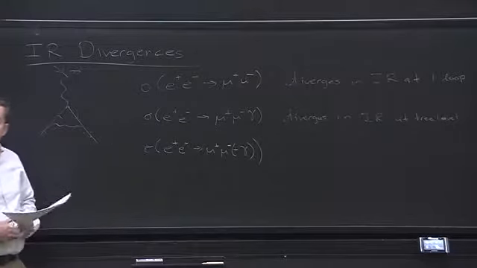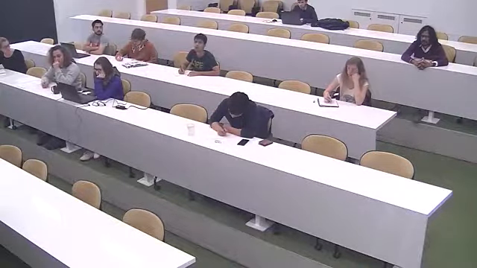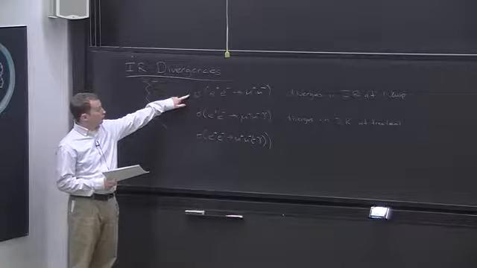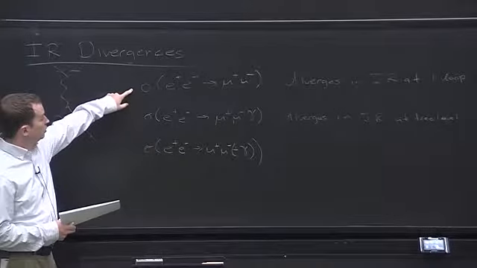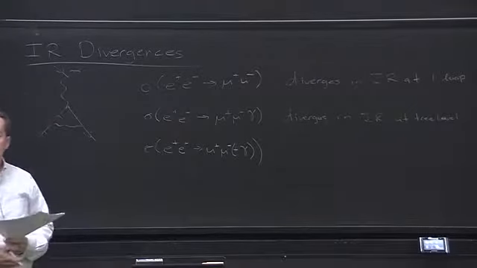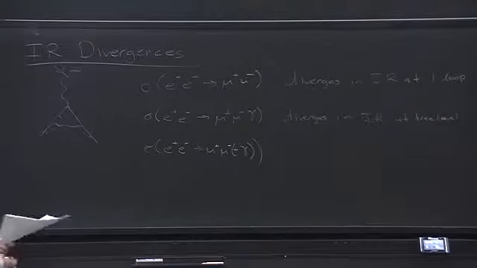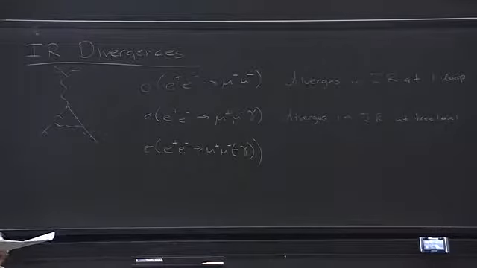I think in Bhabha scattering, that cross-section is divergent at the tree level as well, right? In the forward scattering limit. Oh, yes. So is that also an example of this IR divergence? I mean, most textbooks say that this has to do with the infinite range of photons.